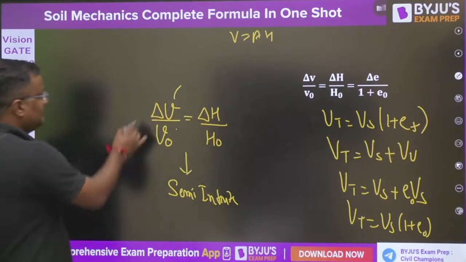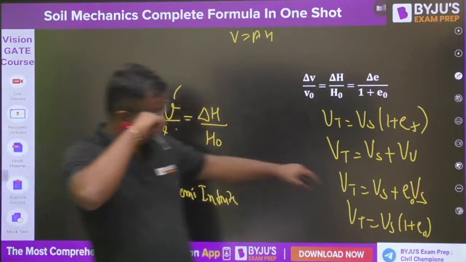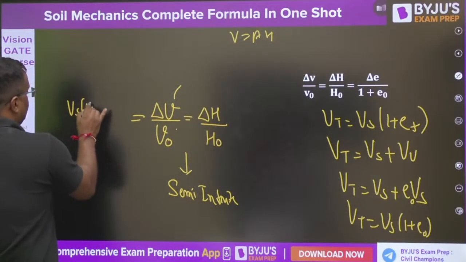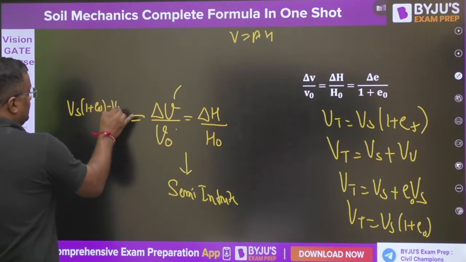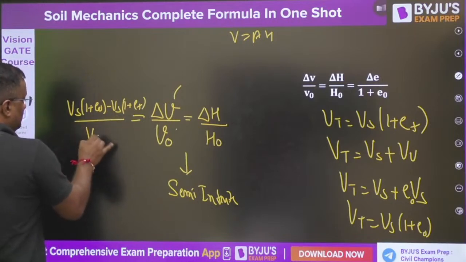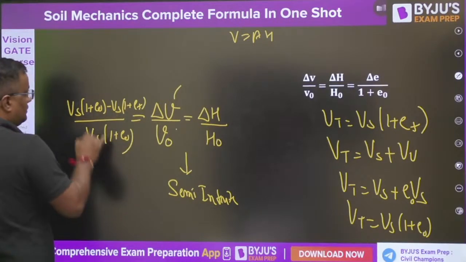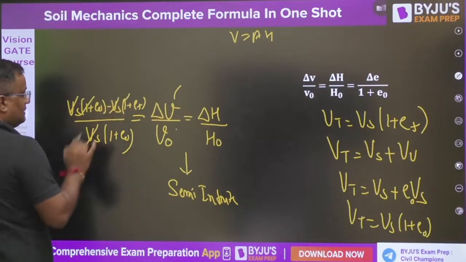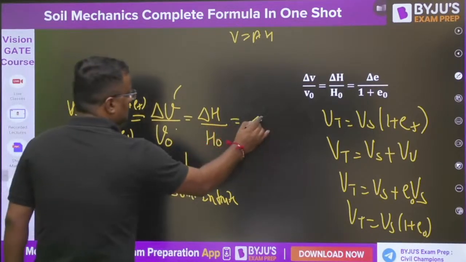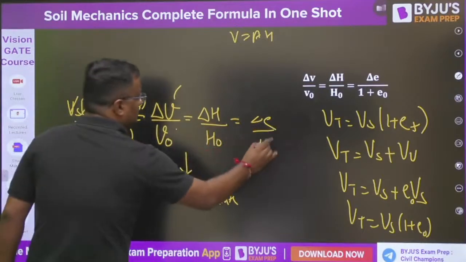So what is delta V? Initial volume minus final volume: Vs into 1 plus e naught minus Vs into 1 plus ef, upon original volume Vs into 1 plus e naught. Vs cancelled, 1 cancelled. So e naught minus ef is delta e, and the denominator is 1 plus e naught.